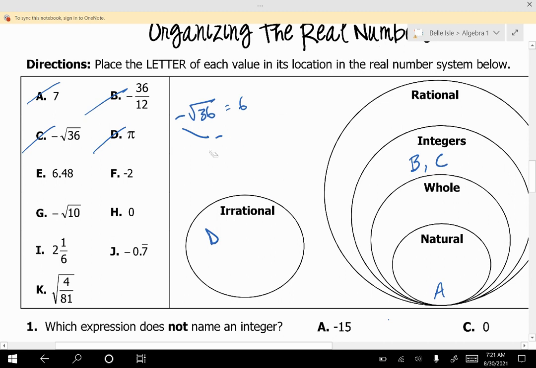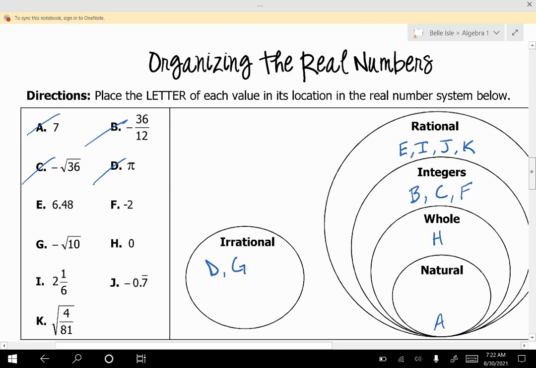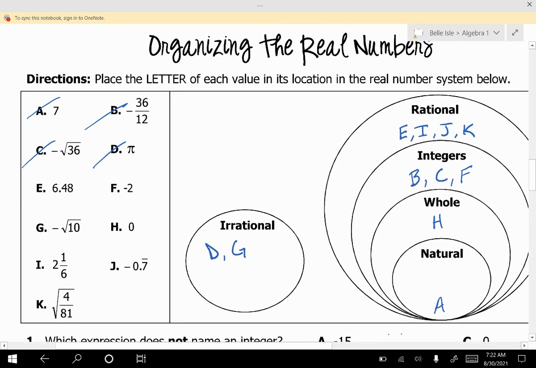Okay, and again, pause the video, fill out E through K, and then you can check yourself. Okay, there is the little sorting map.